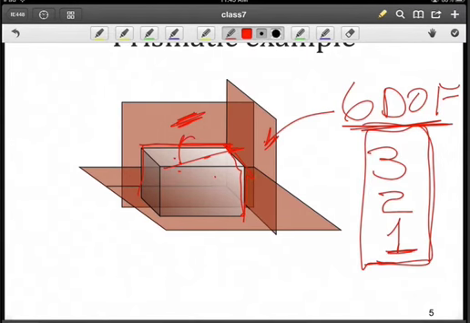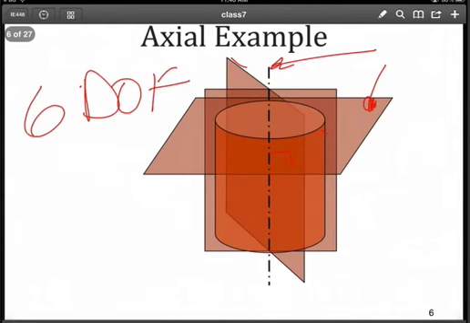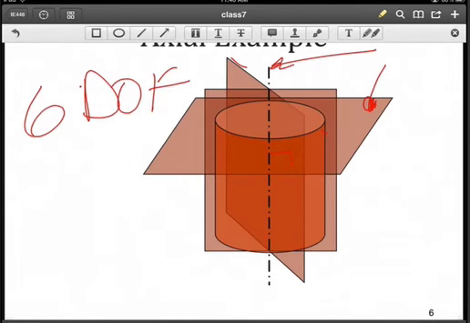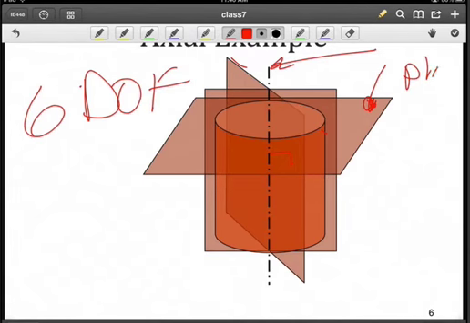So yes, we have constrained all degrees of freedom. Let's go again to our example with the axial. And we have the same question. If I have a plane and an axis, have we constrained all 6 degrees of freedom? And you should be able to identify that no, we have not constrained all 6 degrees of freedom.